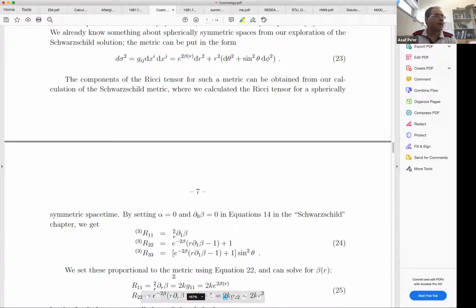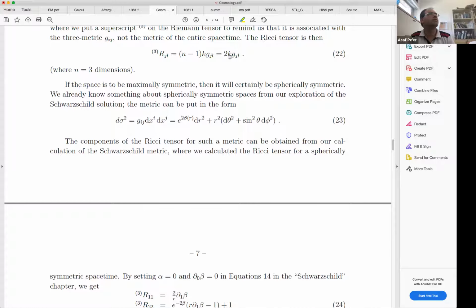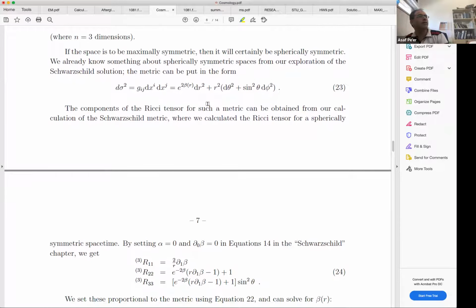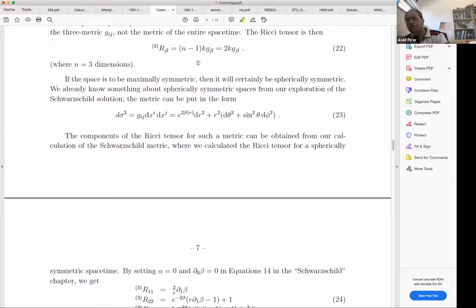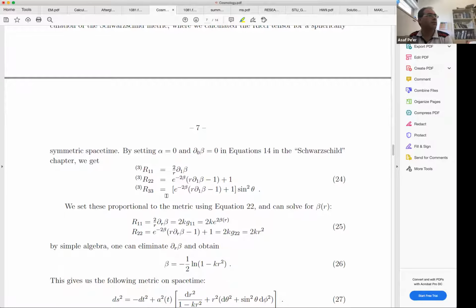Now, as we wrote down, R_ij is just 2k g_ij, this is written here. So this is where we use again this property from a maximally symmetric space. And we can do it for R11 and R22. For R11, it's 2 over r ∂_r β equal to 2k g11.